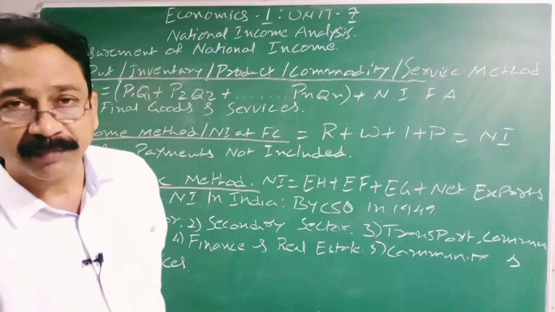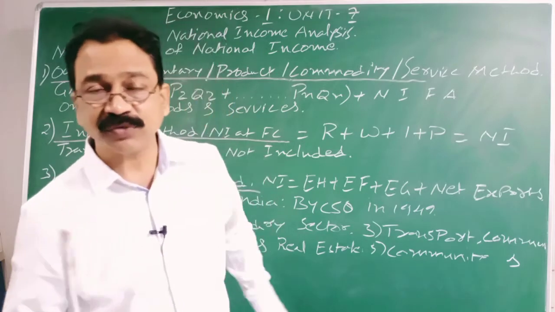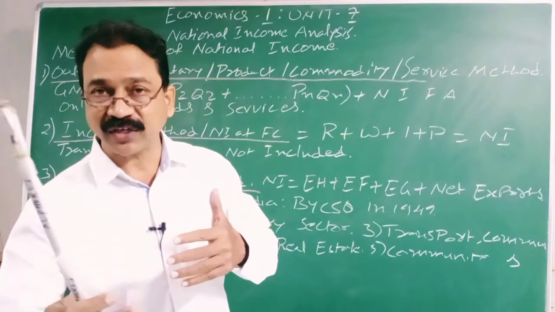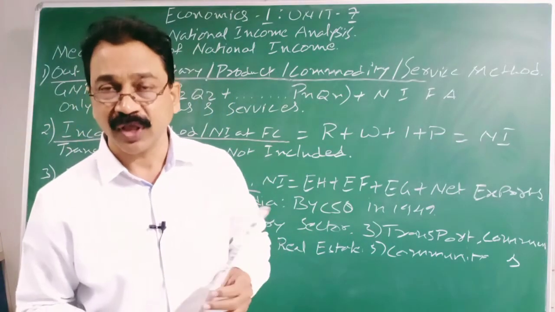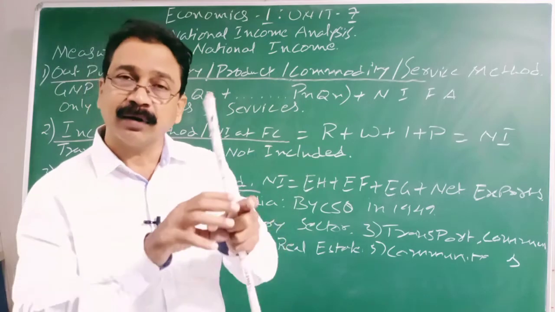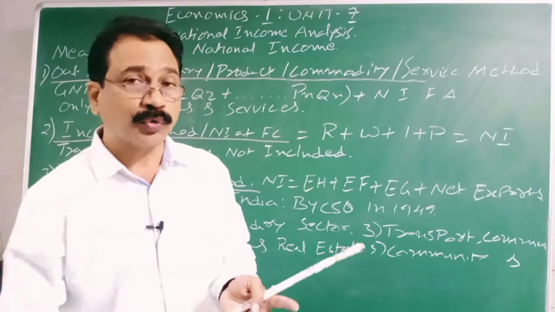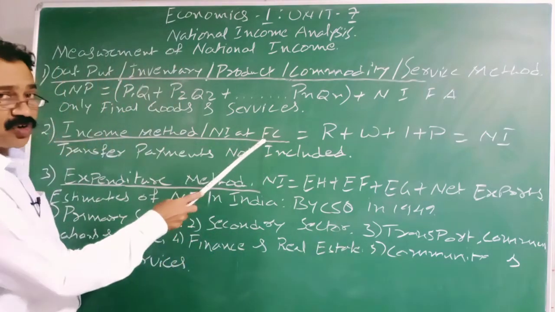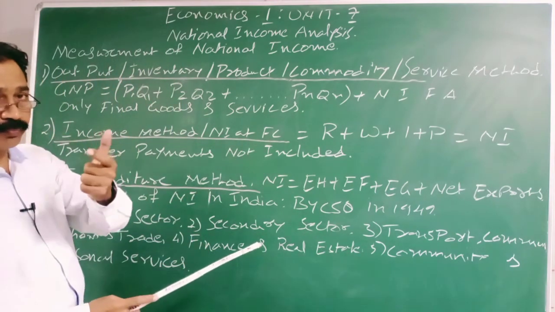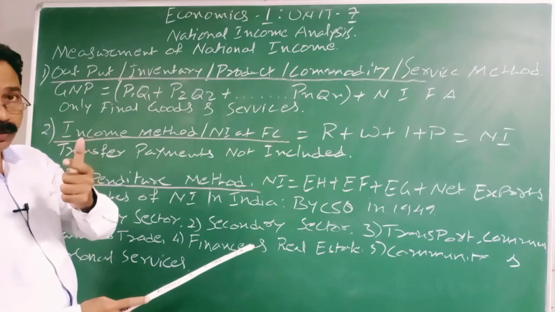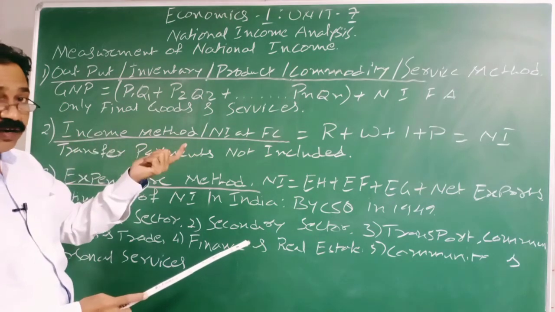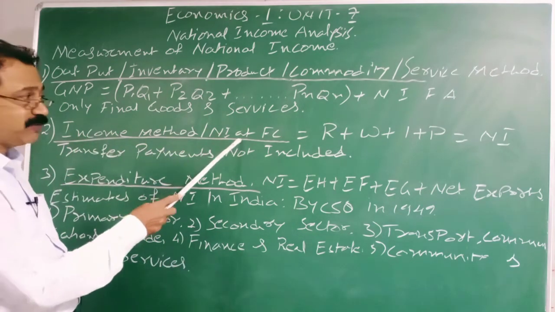Why? Because factor cost means whatever been paid to 4 factors of production is factor cost. That when is added by indirect taxes, it will be larger amount. To get net income at factor cost, what we did, just now I reminded you, we removed indirect taxes and we added subsidies, then we will get net income at factor cost.